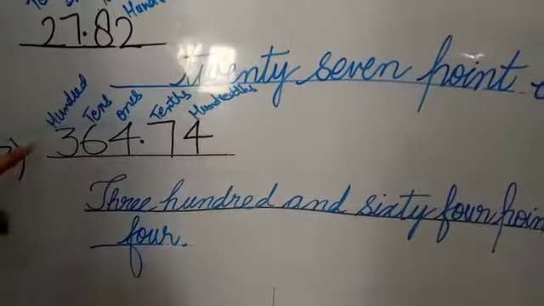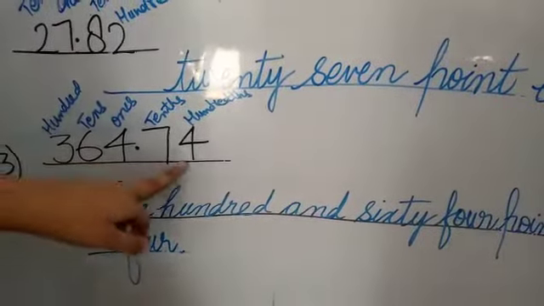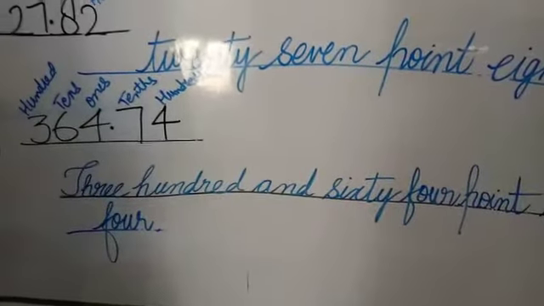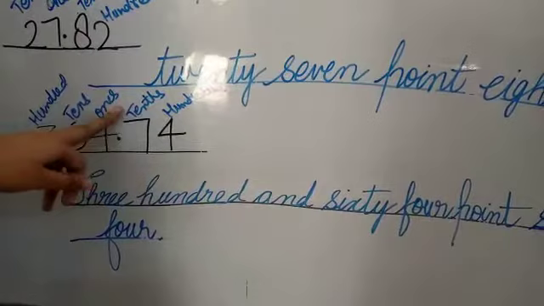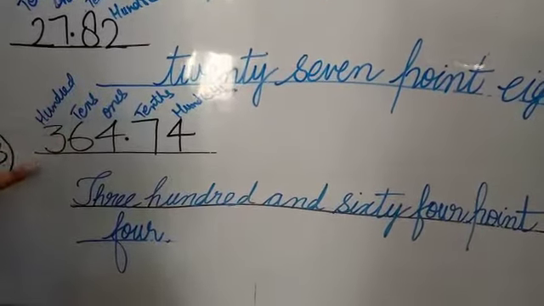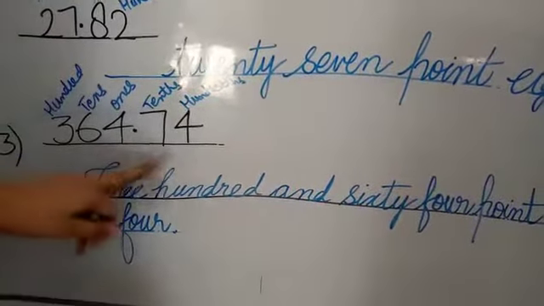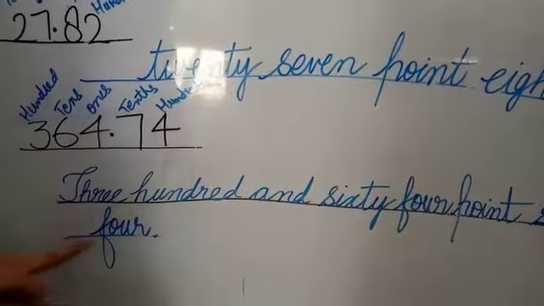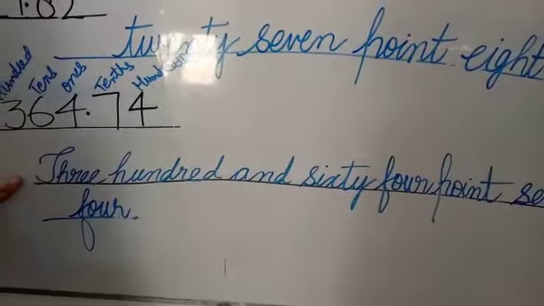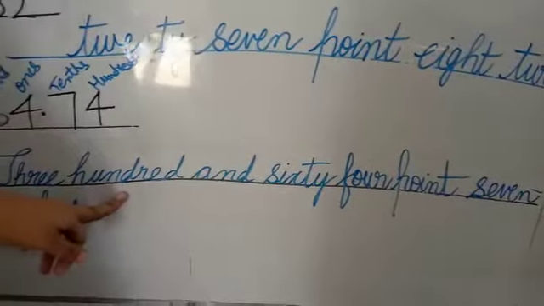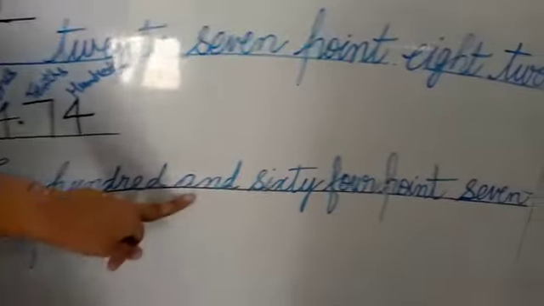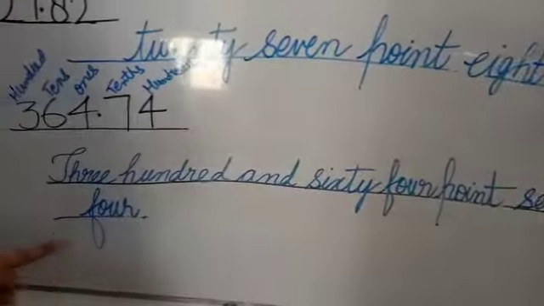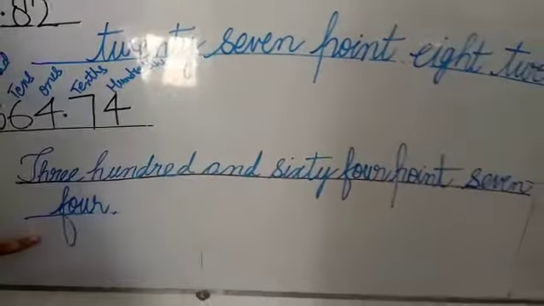364.74. This is the number. 4 is in the ones place, 6 is in the tens place and 3 is in the hundreds place, and 7 is in the tenths place and 4 is in the hundredths place. So 300 and, जब आप 100 मेंशन करते हैं तो you must write and, 64.7 and 4.